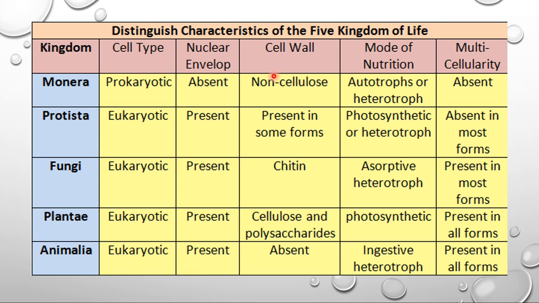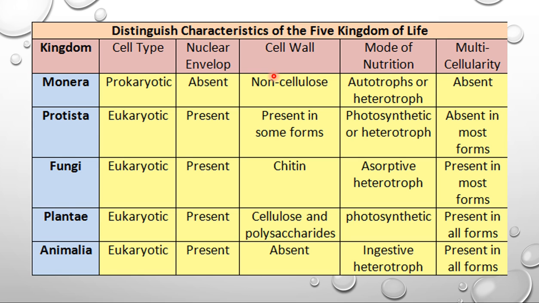You know that fungi have a special characteristic: in the fungal cell wall chitin is present, which is a protein, and which is absent in other types of organisms. So that's why it is a unique characteristic of the fungi.